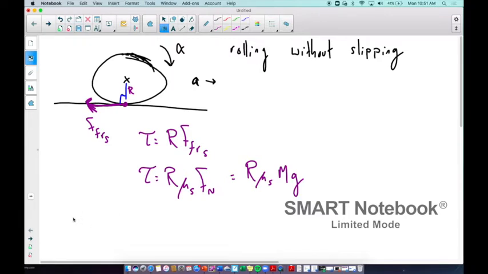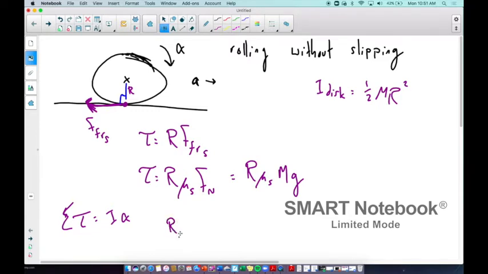And I know that net torque equals I alpha. Let's say that this is just a thin wheel. It's a disc. The I of a disc is going to be equal to 1/2 big M R squared. My net torque, that's the only torque I have acting.